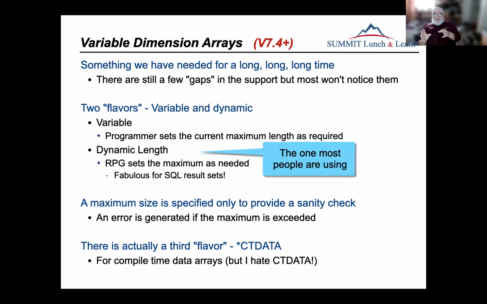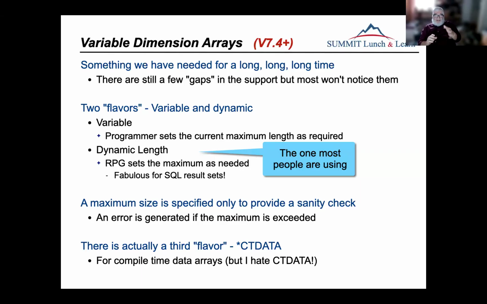But then, oh dear, I'd better add 50% to my guesstimate. And you still know that one of these days the thing's going to blow up, because there'll be a change in the way your system works. So dynamic is great because it just increases the size it needs.